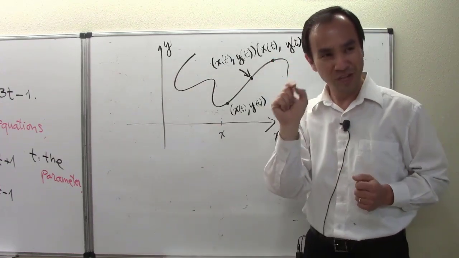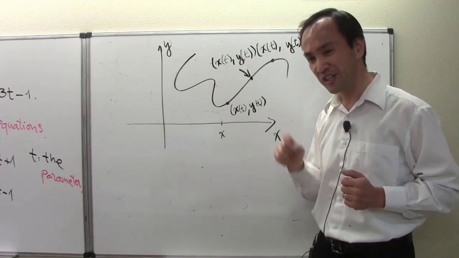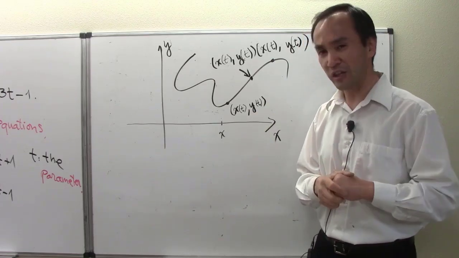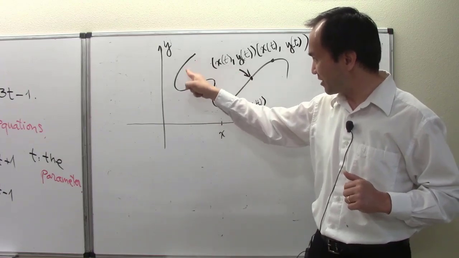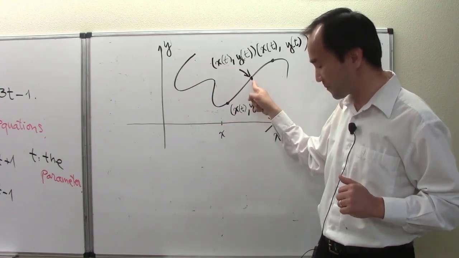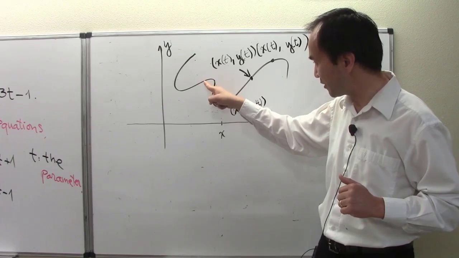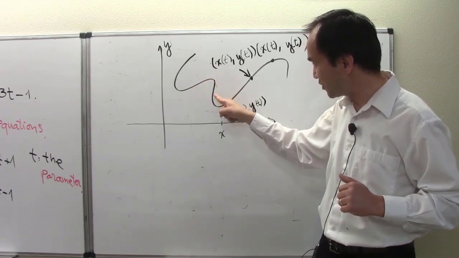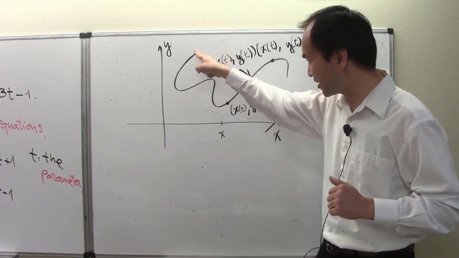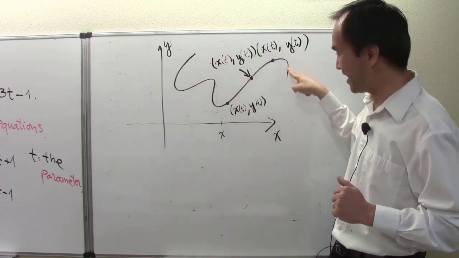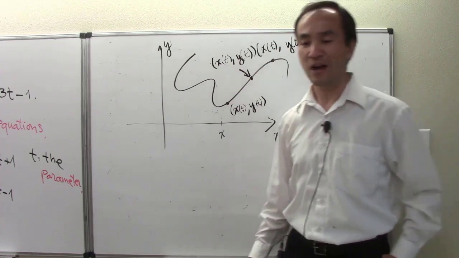So we may even have different parameterizations, different setups of the parametric equation that describe the same graph, because the parametric equation is not only showing the position, but it's also responsible for showing how these points change, the direction of change along our graph, our path.